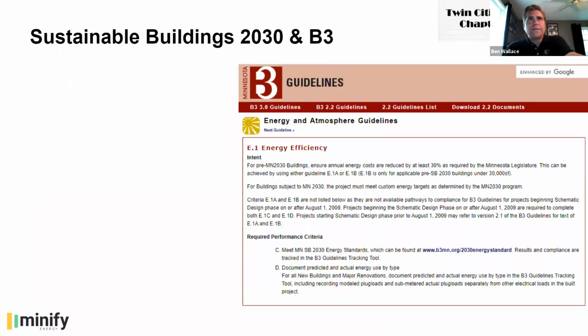Also on the net zero roadmap or vision trend is the Sustainable Buildings 2030 and B3 benchmarking here in Minnesota, which is used by publicly funded programs and has a set of guidelines focused on new buildings, predominantly for codes and step codes and goals. And those are being revisited and updated.